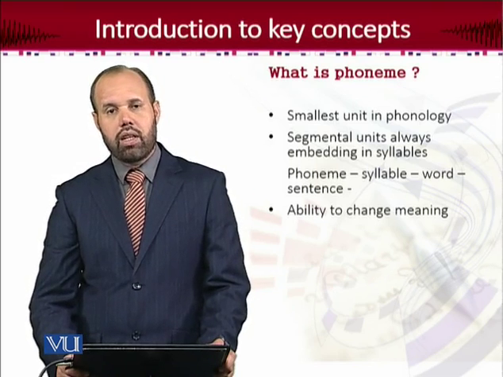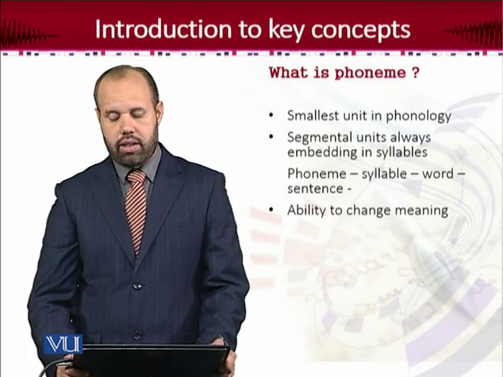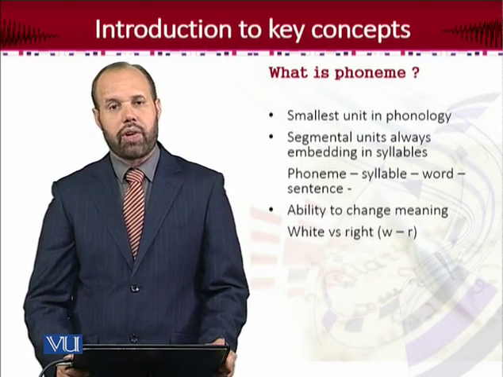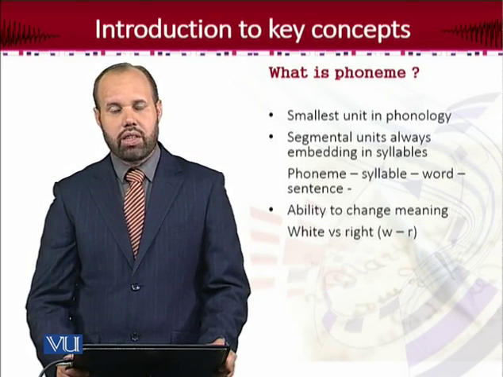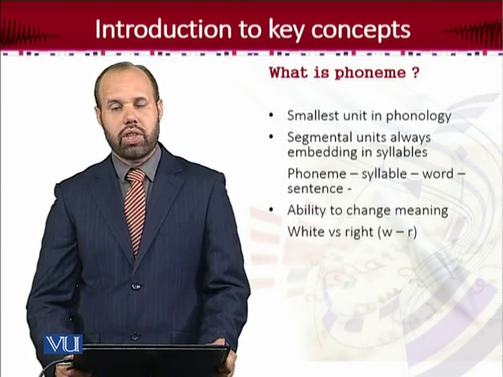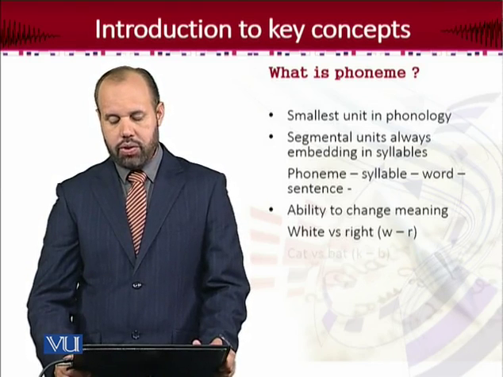All right. So a phoneme has the ability to change meaning, and this variation in meaning is very important. This is the typical requirement of any phoneme, that it must change meaning, right? Like these two words, white and right. White is different from right. The first consonant within both of these words has the ability to change meaning. So a phoneme must change meaning. It should bring variation in meaning, right?